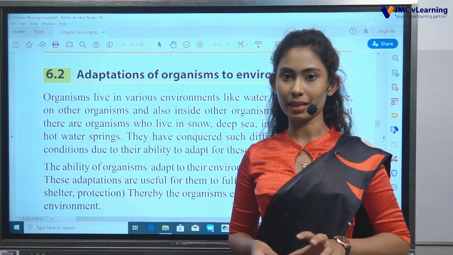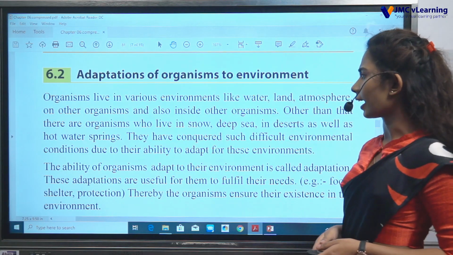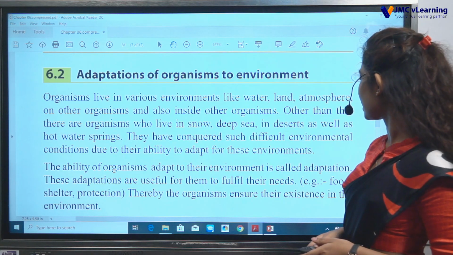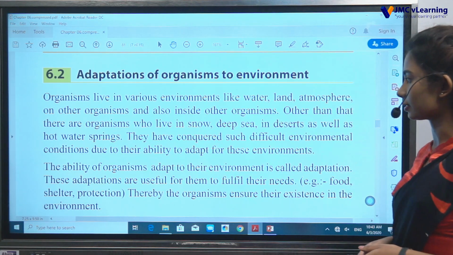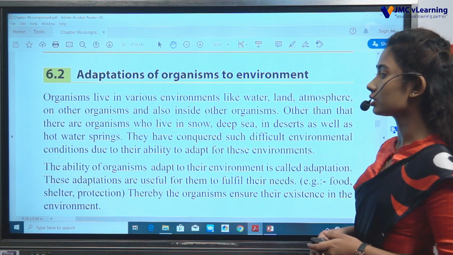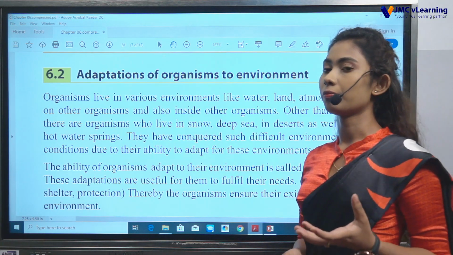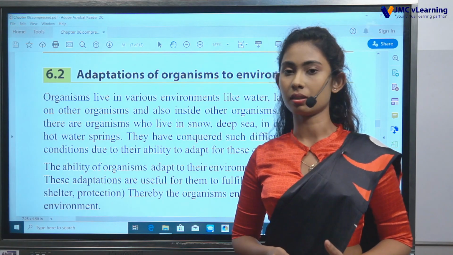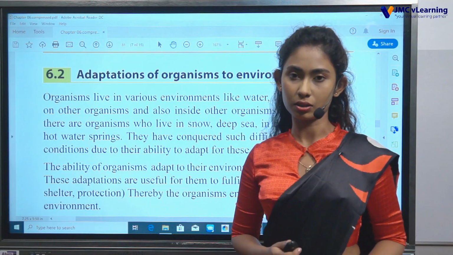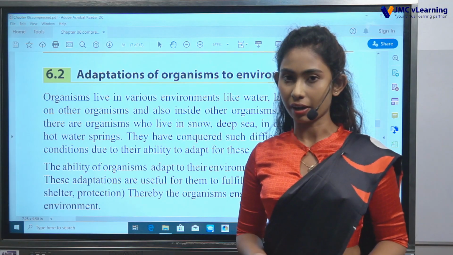Likewise, animals are adapted to various environments. Other than that, there are organisms that live in snow, deep sea, desert, as well as hot water springs. They can endure such difficult environmental conditions due to their ability to adapt to the environment. Microorganisms can live in snow, desert, and hot water springs also.